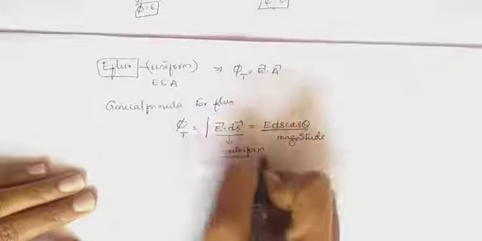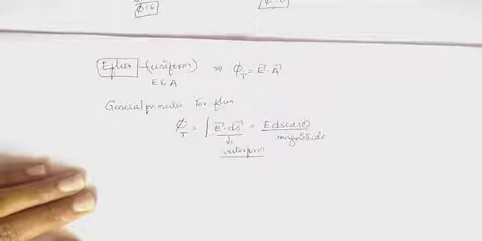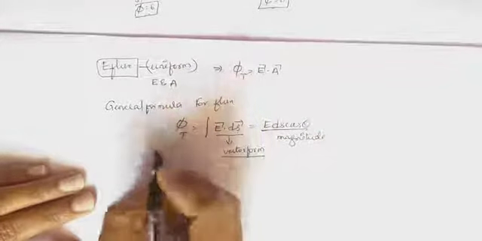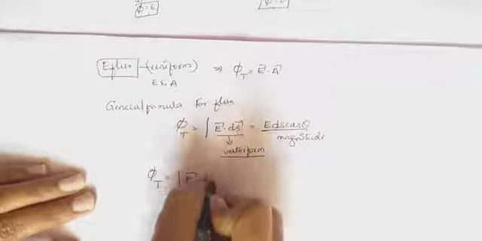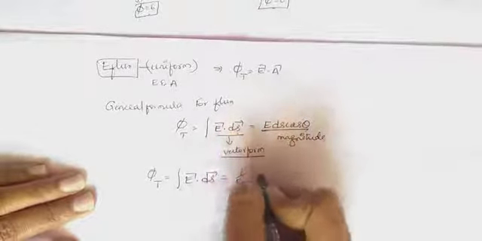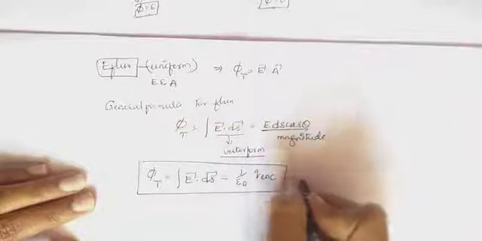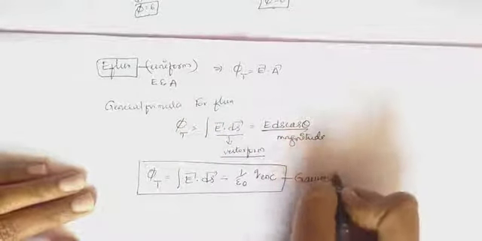Now Gauss's law says that this total flux, phi t, that is the integral of E bar dot dS bar, is equal to 1 by epsilon naught times the charge enclosed. This is Gauss law, Gauss theorem.